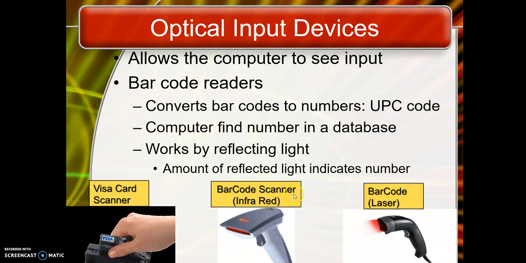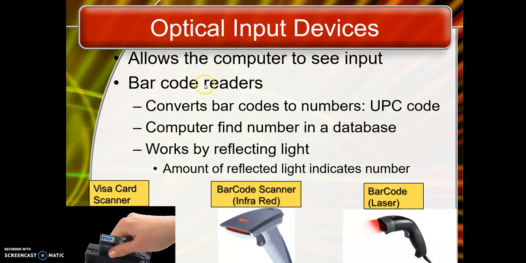There is a barcode scanner. Usually we see whenever we purchase from a grocery store, they have a barcode, and this infrared light scans that code, and this infrared light is used as an input device.